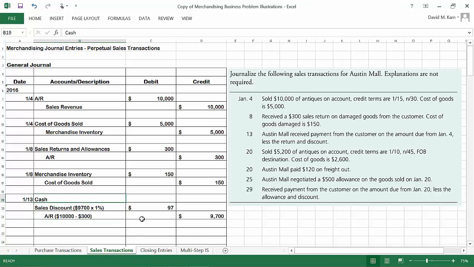And now how much cash are we going to receive? Simply take your $9,700 minus your $97, and we know that we're going to get cash in the amount of $9,603 to us. So they took advantage of the discount, so we get less cash, and they're still paying off their full balance that they owe us of $9,700.